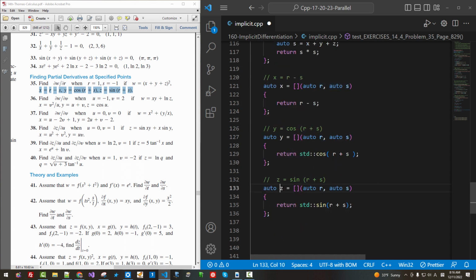So is Z. Z is a function that takes two variables, R and S, and defined to be sine R plus S.